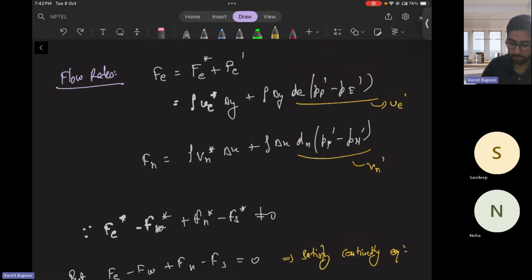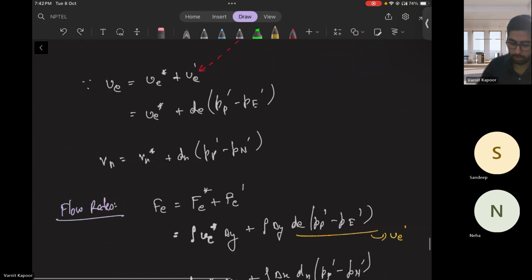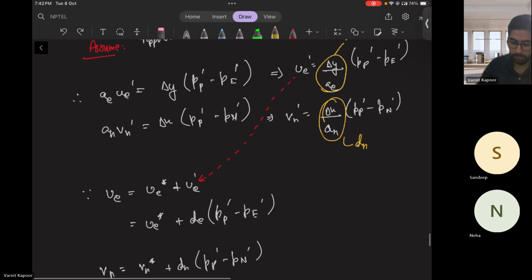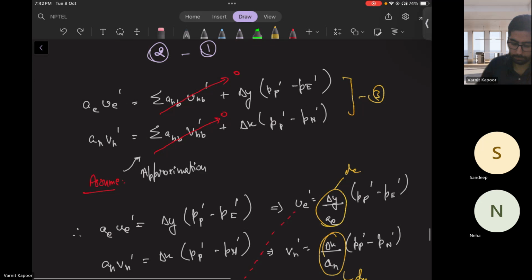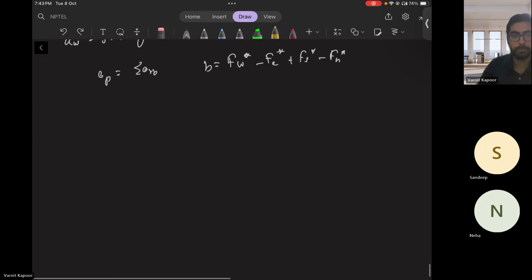Any doubts? The continuity equation is transformed into a pressure correction equation with the help of the momentum equation.